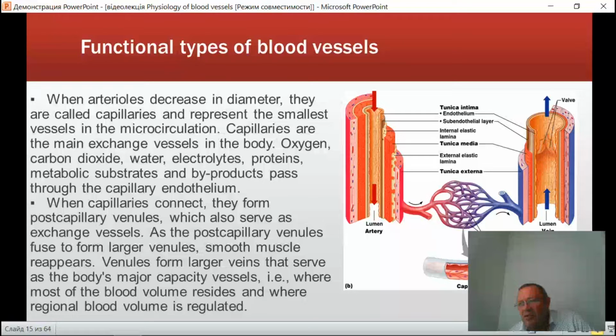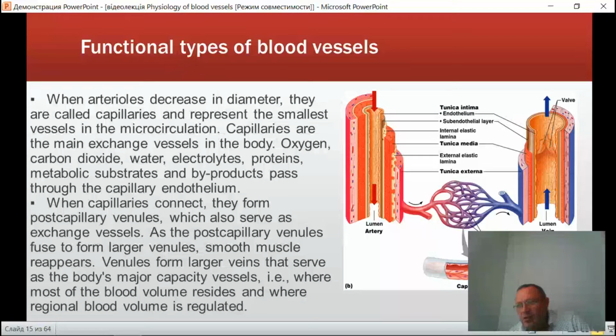When capillaries connect, they form post-capillary venules, which also serve as exchange vessels. As the post-capillary venules fuse to form larger venules, smooth muscle appears.